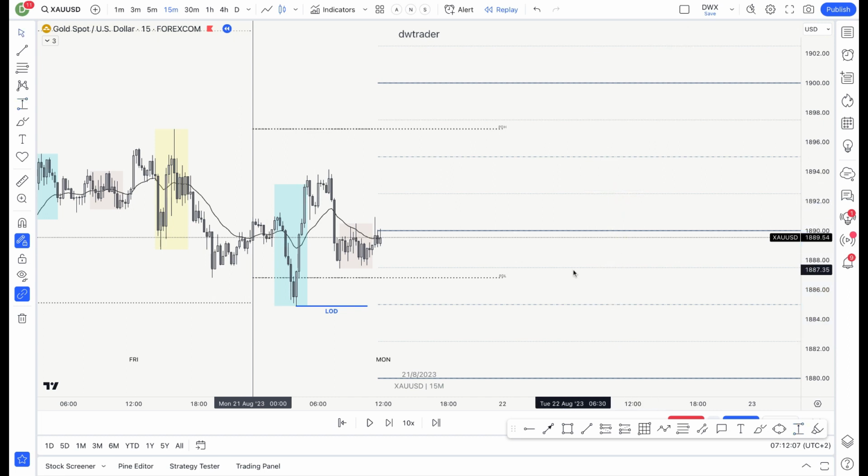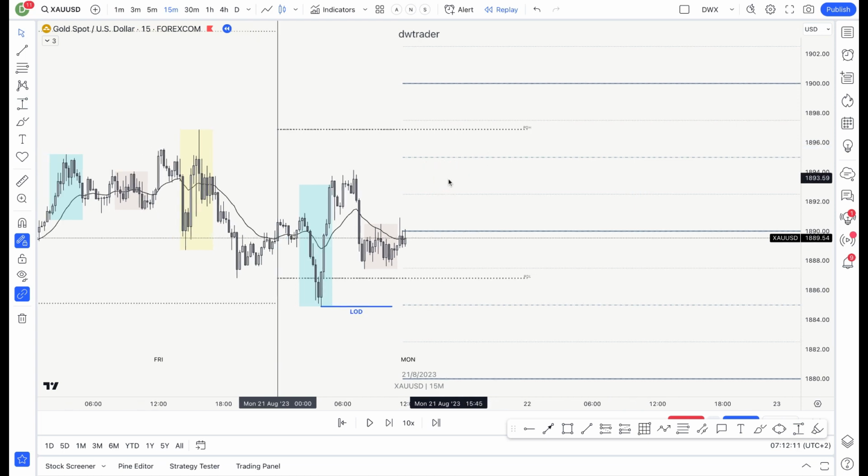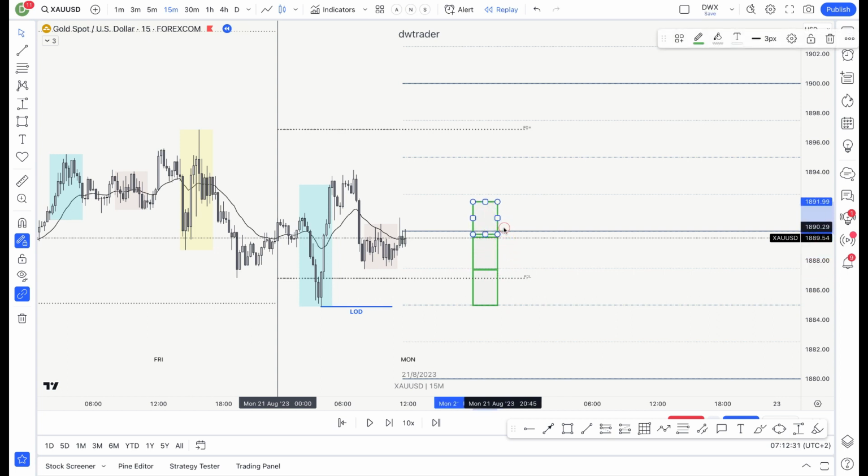Now we're looking from the low of day, where could price potentially give us a trade setup for New York session. If we measure out 25 pips, and then duplicate that, there's another 25 and another 25.